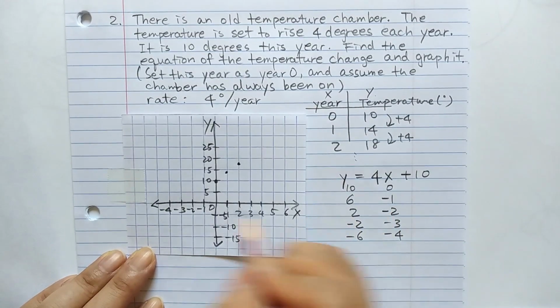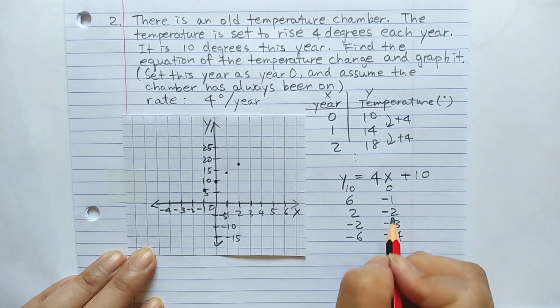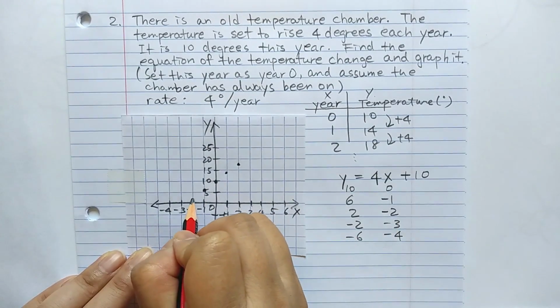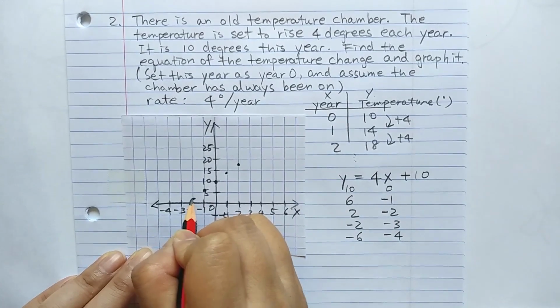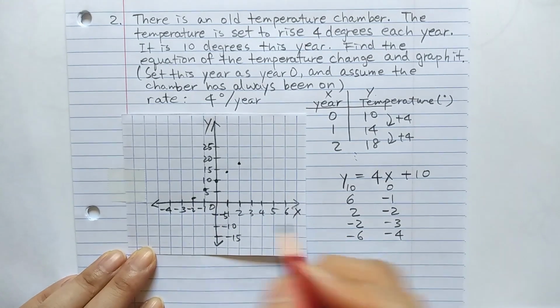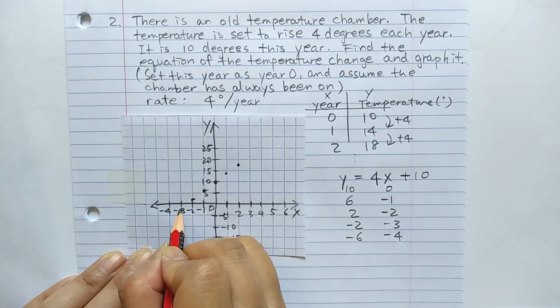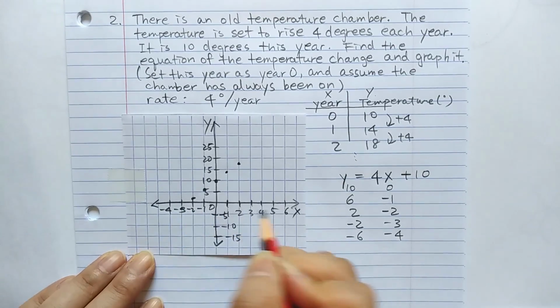Negative 1 and 6 will be negative 1 and 6, negative 2 and 2, negative 3 and negative 2 should be somewhere down here, so it's right on that number.